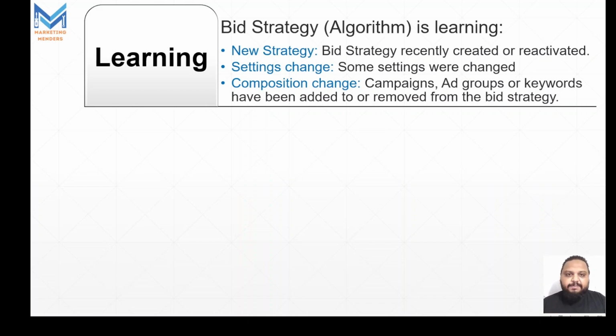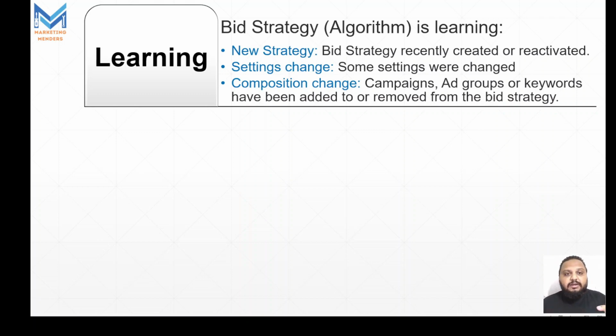I will be paying something when somebody clicks on my ad because I want traffic to my website. But let's say there is an advertiser who has selected impressions as a bid strategy. In that case, you have gone beyond the ideal situation: instead of CPC you have selected impressions.